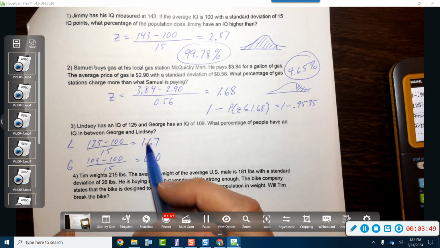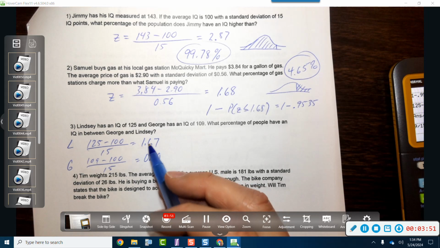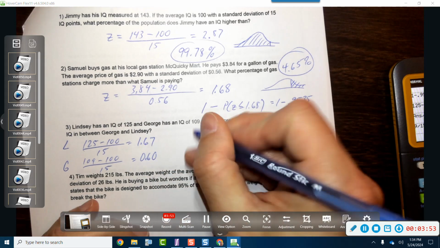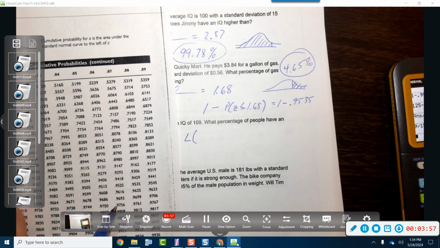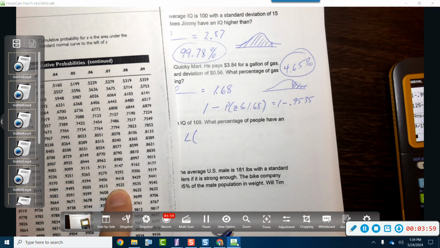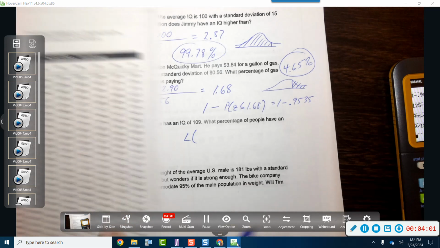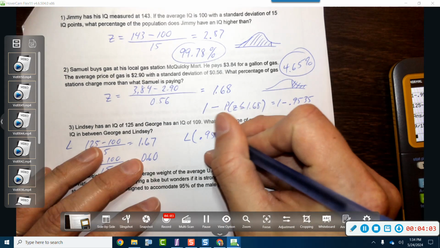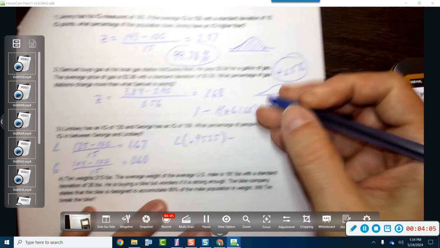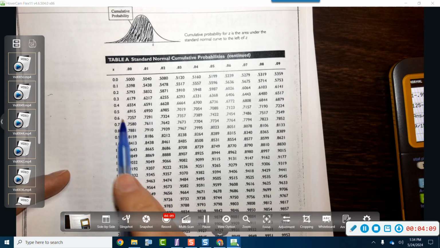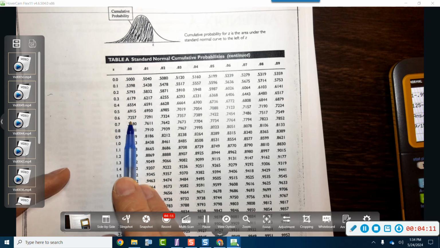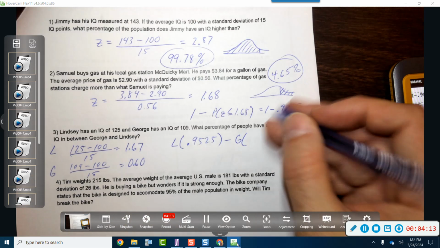Now we want to know the percentage in between. She's higher, so we find the z-table value for Lindsay. In the z-table, 1.67 is 0.9525, minus George's score. What is his? 0.60 is 0.7257. So George did pretty good.